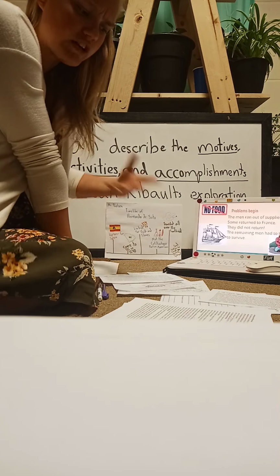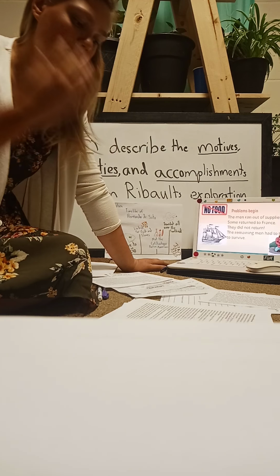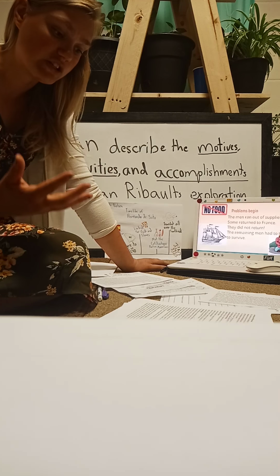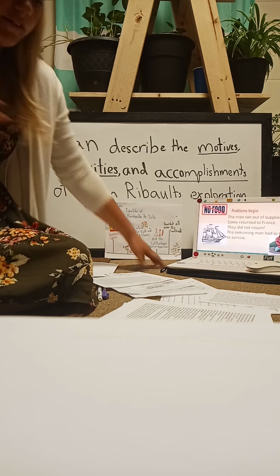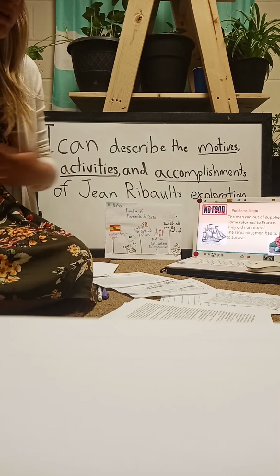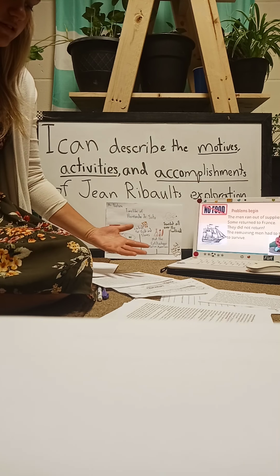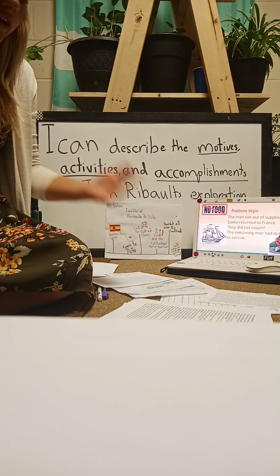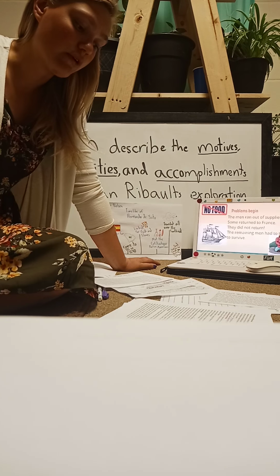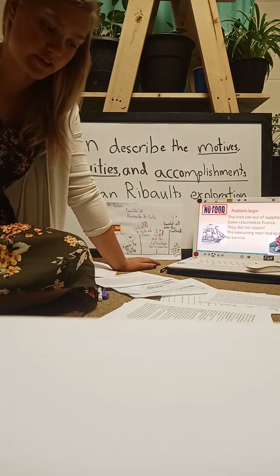A lot of the questioning, I think, would happen during the independent practice when I'm with students one-on-one. So more of my creation and evaluation questions like, why did the French have to make a hard decision that some men would stay and some would return to France? Or what could the French have done differently in order to make a successful settlement at South Carolina?